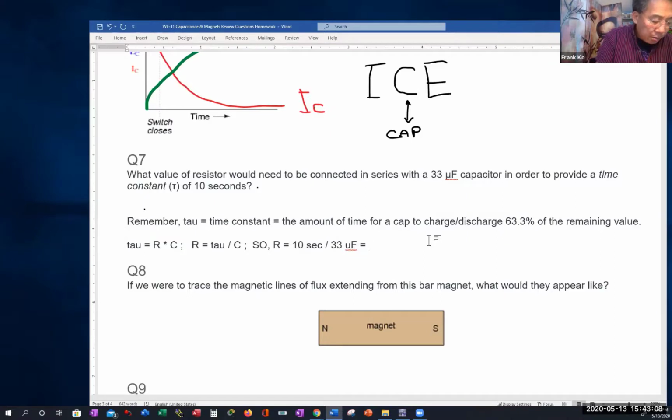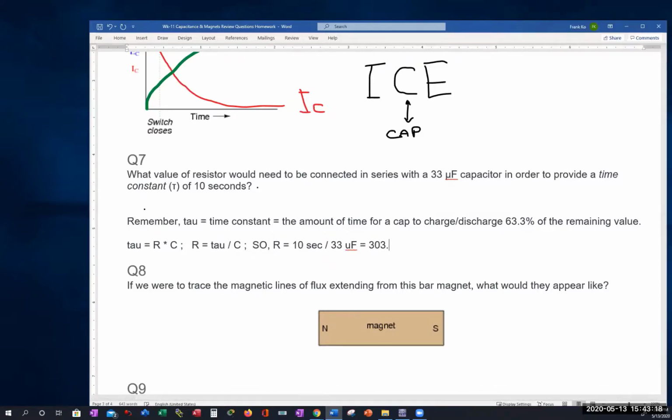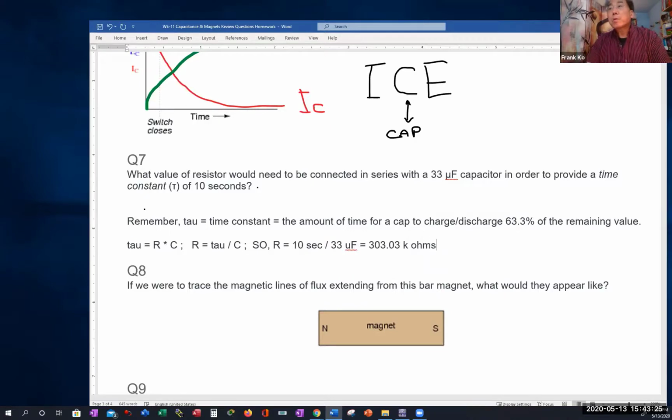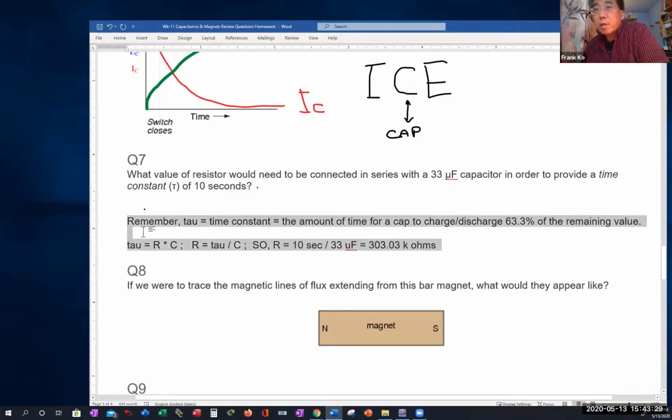Divide by 33. So 303.03 kilo ohms. Okay, mathematically, that is what you should get, and that's how you calculate this value. Any questions there?